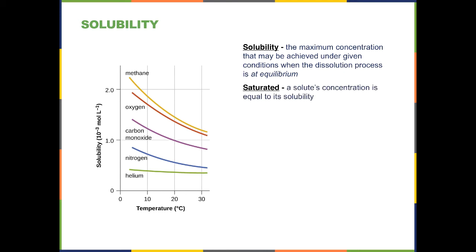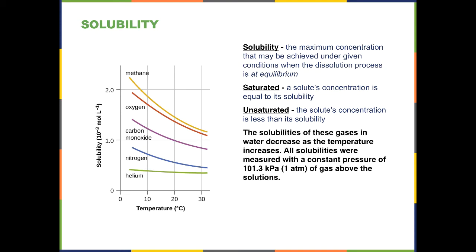And a solution is called saturated when the solute's concentration is equal to its solubility. If it is not equal, if it is less than the solubility, then it's called unsaturated. And there are certain cases when it's greater than its solubility, and I'll show you how that can occur in a minute, and that's called supersaturated.